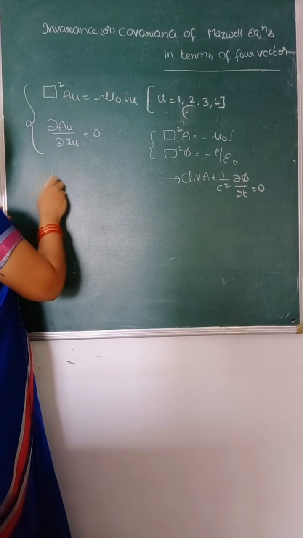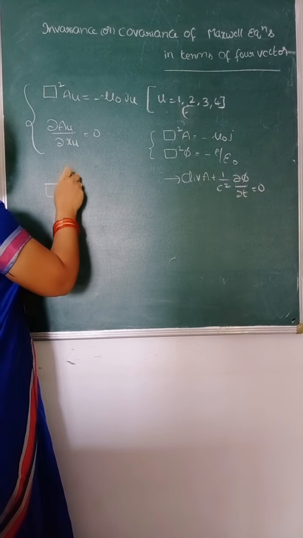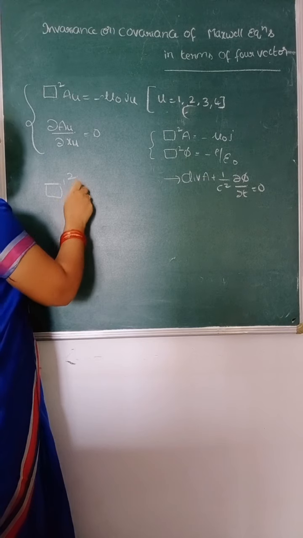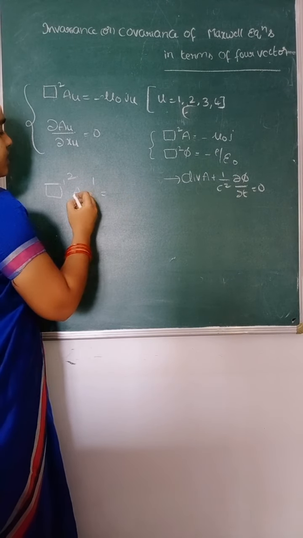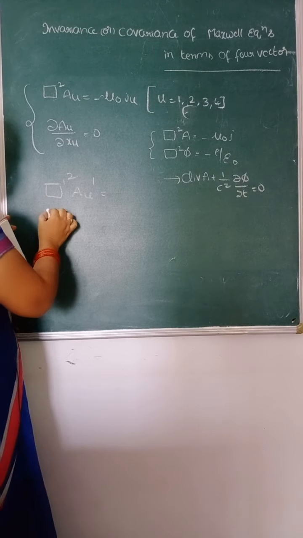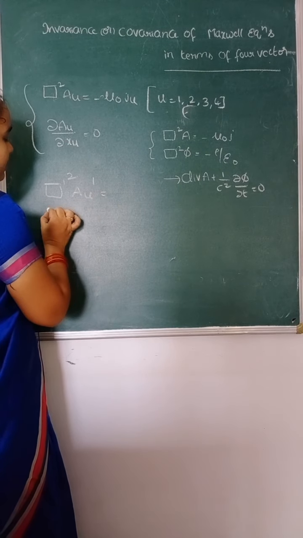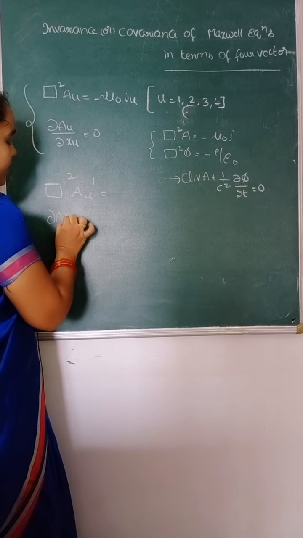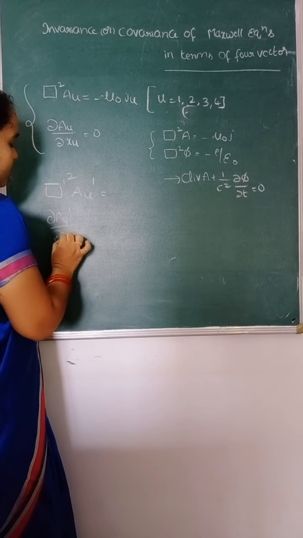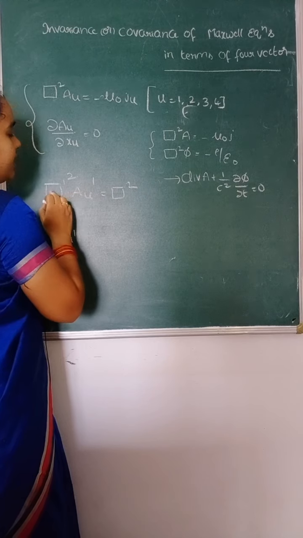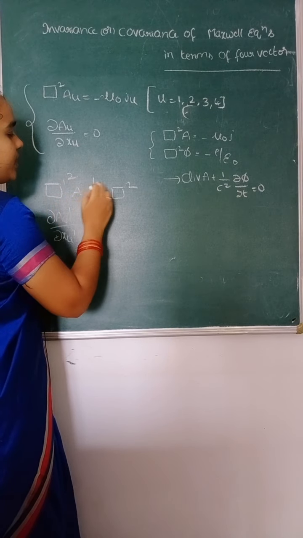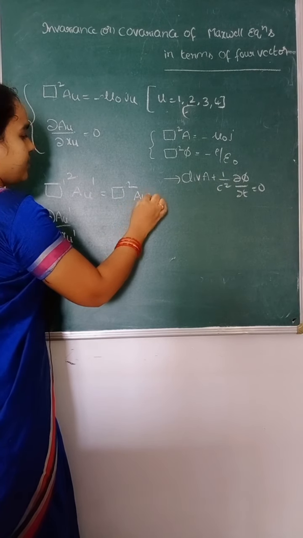Invariant means, let us consider another frame of reference with magnetic vector potential A_mu dash and dou A_mu dash by dou x_mu dash. So del dash square A_mu dash should equal del square A_mu.